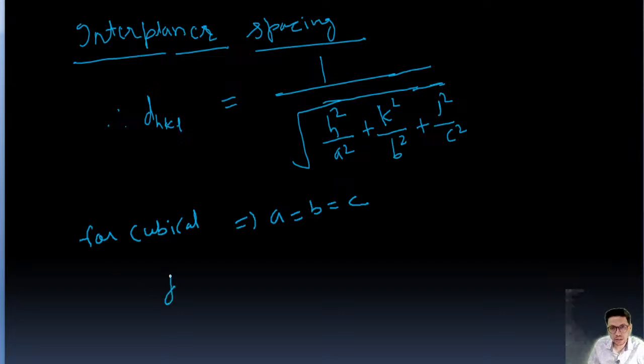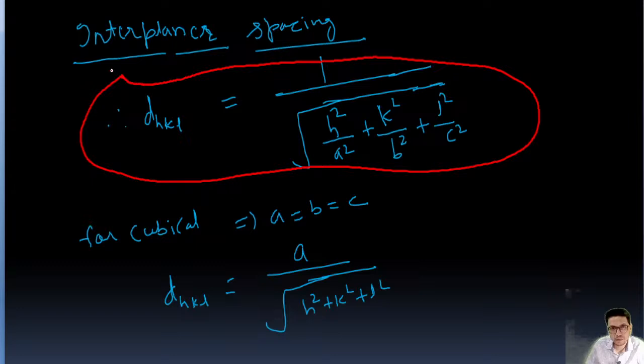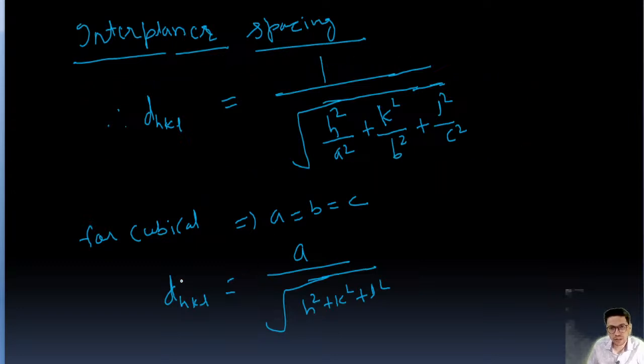So for cubical the interplanar spacing, DHKL, is going to be A upon root of H square plus K square plus L square. Important one. These are important results.